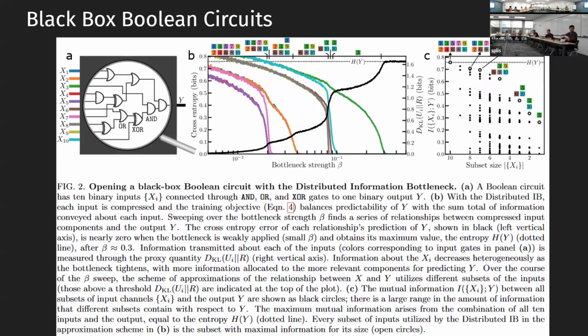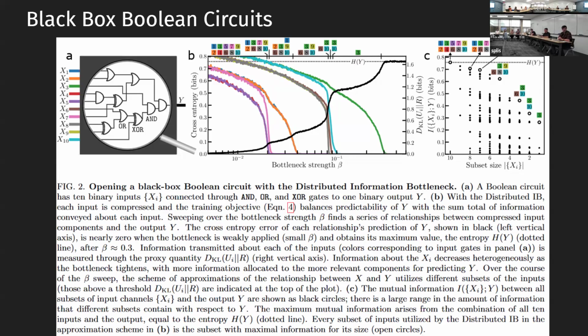So let's look here at the circuit example. They have a Boolean circuit with 10 binary inputs connected with a few different gates: OR, AND, and XOR gates. They use the distributed information bottleneck to compress the training objective function, which I showed you before, and they sweep over different bottleneck strengths. Here they're showing the cross entropy error in black.